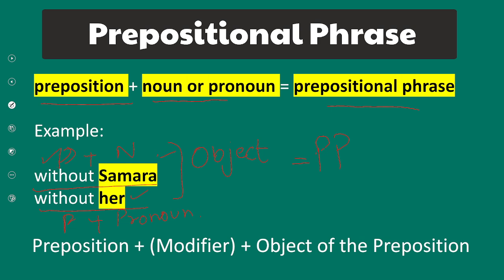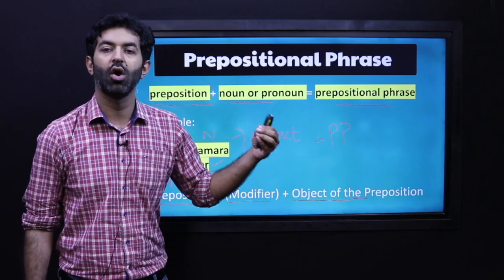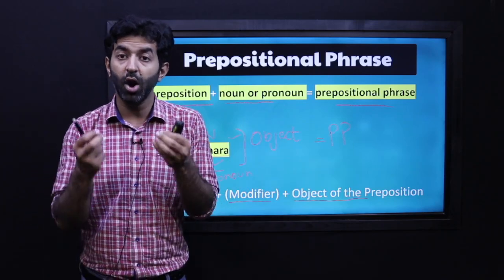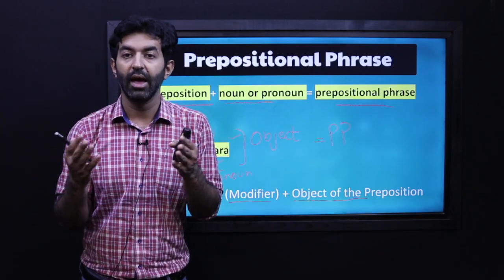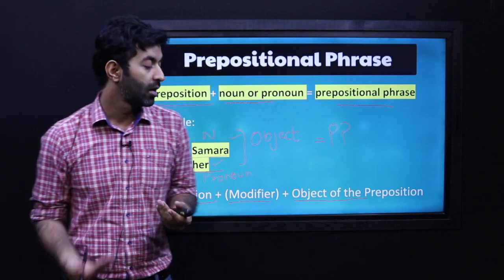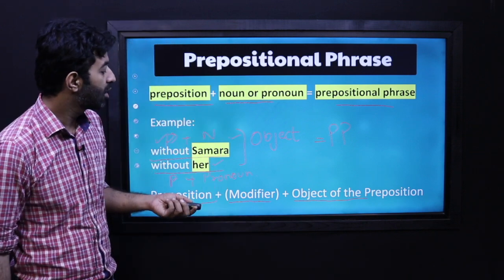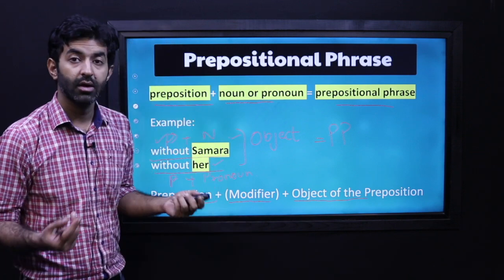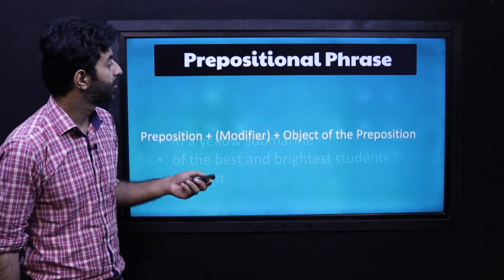Now, you can also add modifiers: preposition, then your modifier plus your object of the preposition, which can be a noun, a pronoun, or a noun phrase. Now, the modifier can be any adjective, anything that describes the noun.